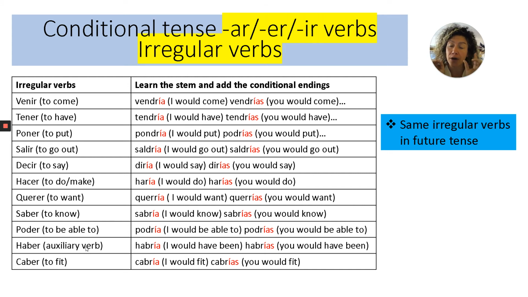The good thing about irregular verbs, remember, is they will still use the same endings as the rest. They're going to be using the ia, ias, ia, íamos, íais, ían. Great. So you don't need to learn any more endings.